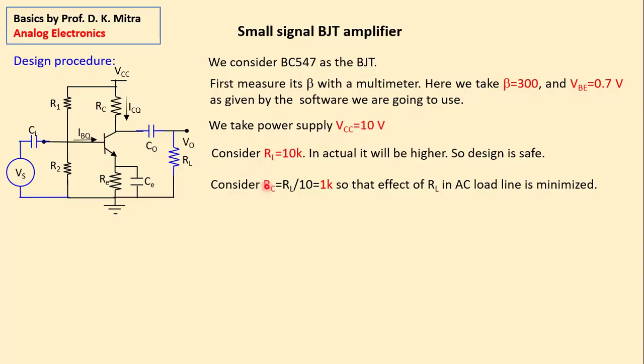As I said earlier, in my last lesson, RC you take not more than RL by 10. RL by 10 is 1K, so don't take more than 1K. 1K is a good value. Don't take too low also because then there will be a very high DC current through the transistor. With 1K, the effect of RL in the AC load line is minimized.